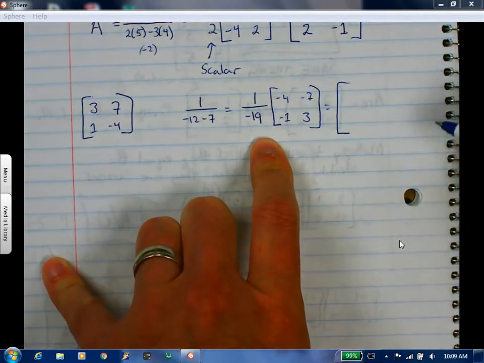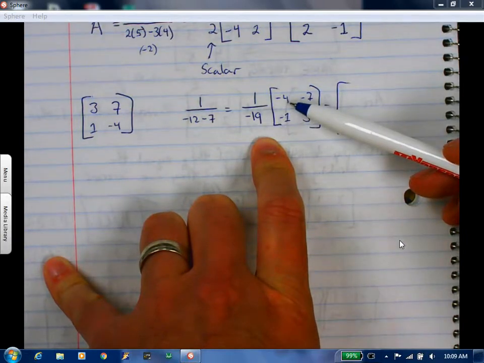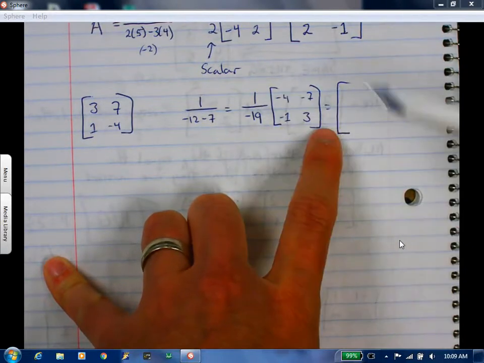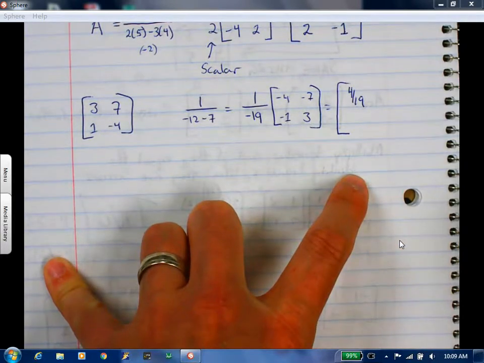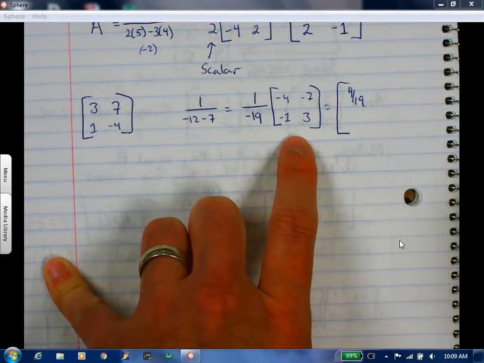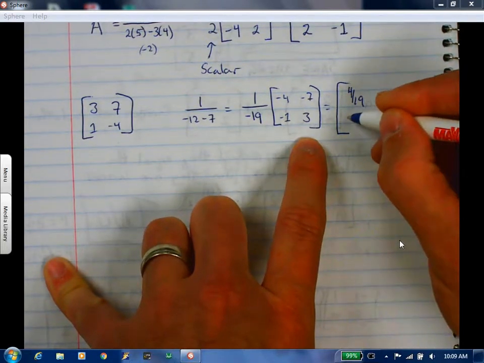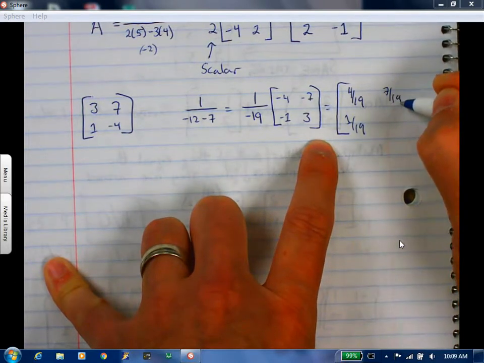So if it's negative 1/19 times negative 4, it'd be a positive. It's 1 over 19 times 4 over 1. That would just be 4/19. You can leave it like that. One 19th down here. This would be 7/19. This would be negative 3/19.